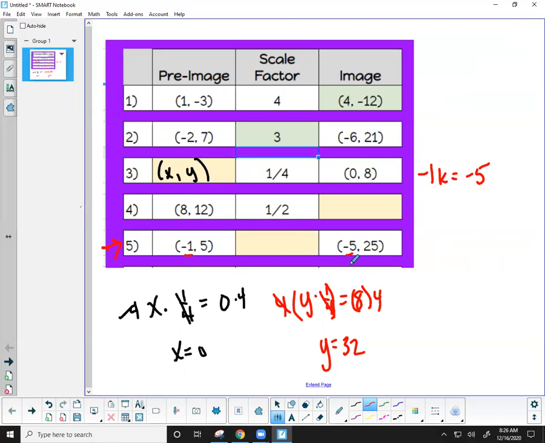You could do the y's as well, but I just did the x's. So -1 times what number is going to give us -5? So I could set it up in an equation like this and just divide by -1. So I get k equals +5. So that's your answer there. What was the answer for number 3? It would have been 0, 32. Okay, thank you.